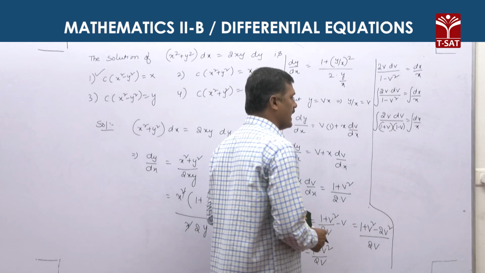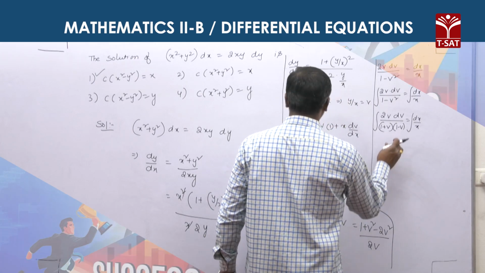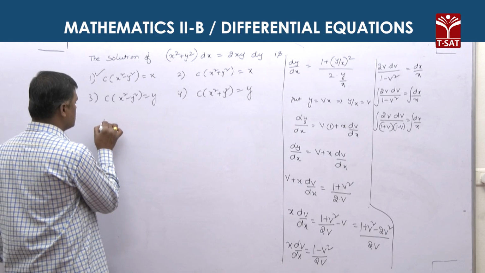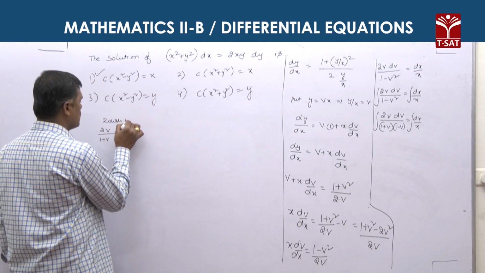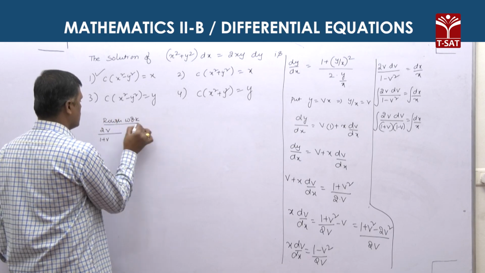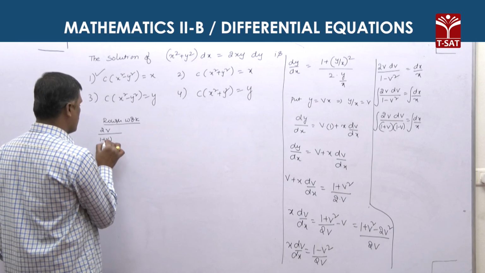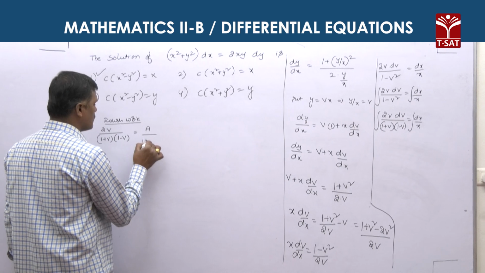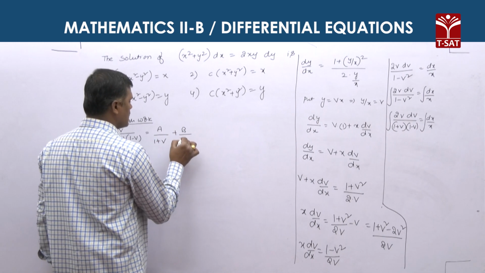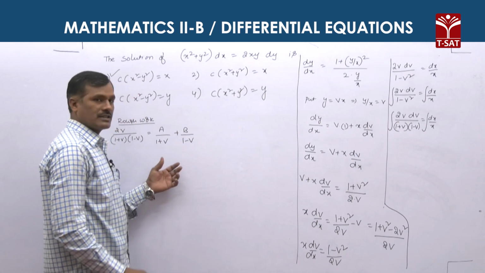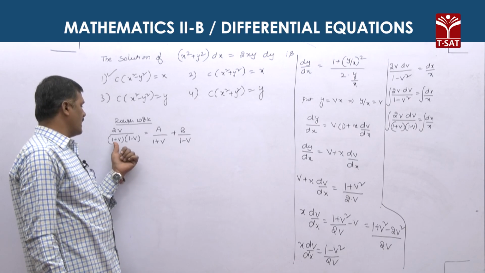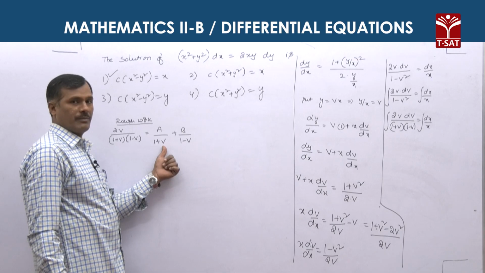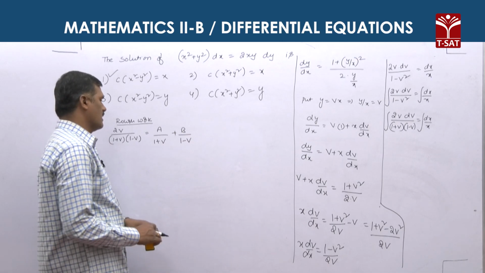That's why you can write it as, find this value 2v by 1 plus v, as rough work. 2v by 1 plus v into 1 minus v is equal to a by 1 plus v plus b by 1 minus v. In partial fractions, the denominator has non-repeated linear factors, so we write a by the first linear factor and b by 1 minus v.